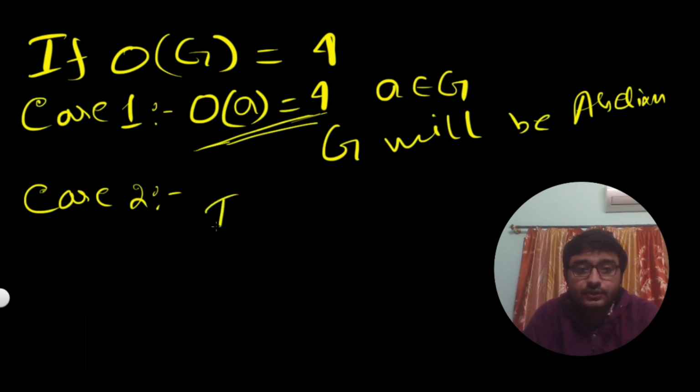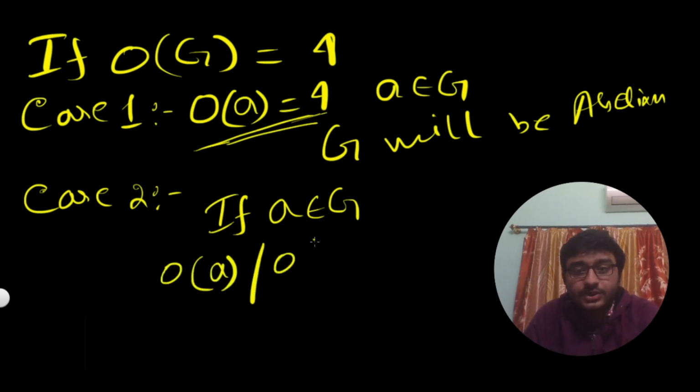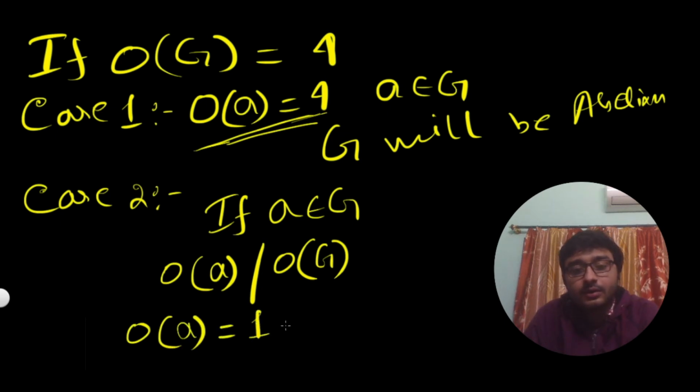If A belongs to G, then the order of A will be a divisor of 4, that means the order of G. That means the order of A will divide the order of G. Then how many such options are there? The order of A will be 1 or 2. We have these two options.